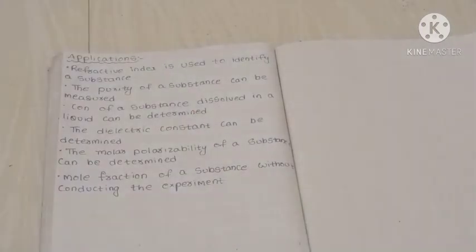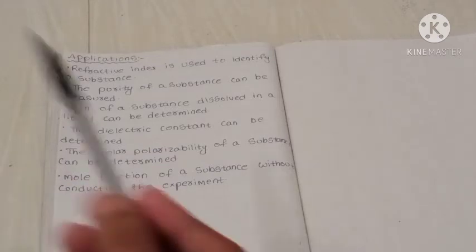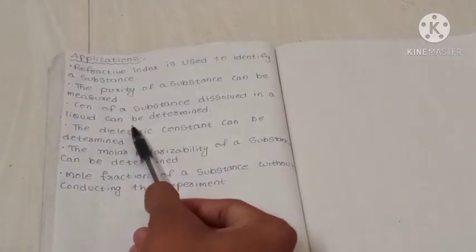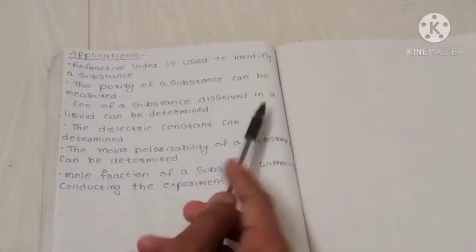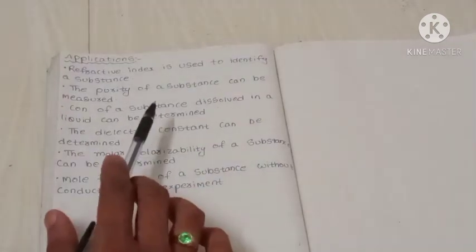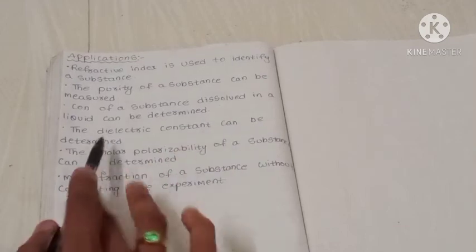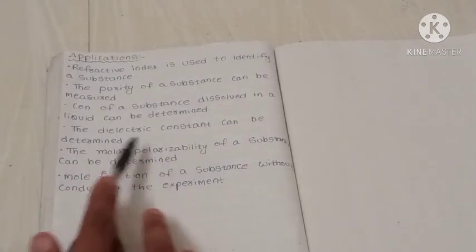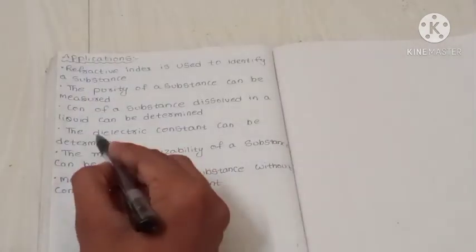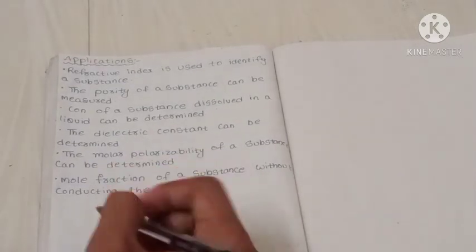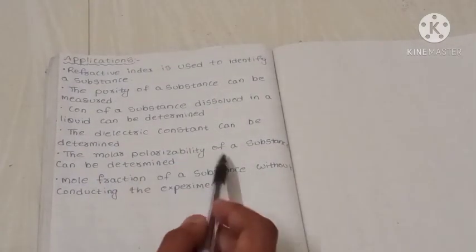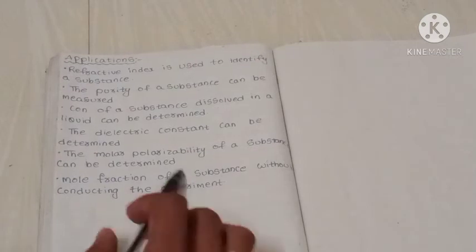Let us assume there is a solution which is a combination of solute and solvent. We can measure the amount of substance dissolved in that solution by refractive index. Also the dielectric constant can be determined using refractive index, and the molar polarizability of a substance can be determined.